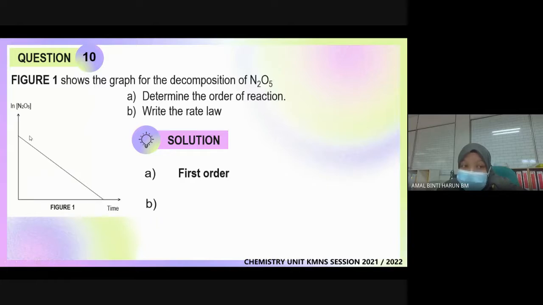Tapi kalau linear bagi 1 over A versus time, second order. Linear bagi concentration A versus time is zero order. Write the rate law. Tulislah rate K, concentration of the reactant N2O5.